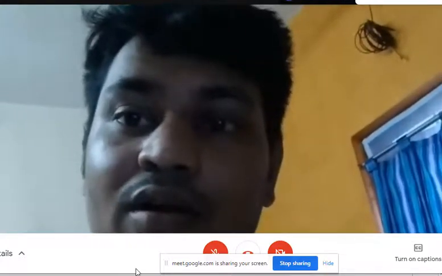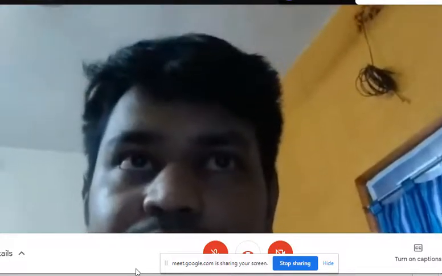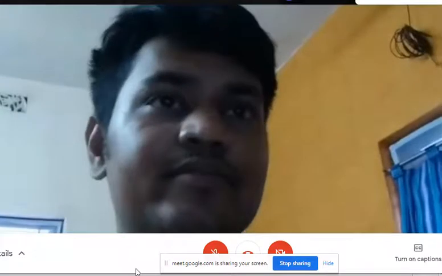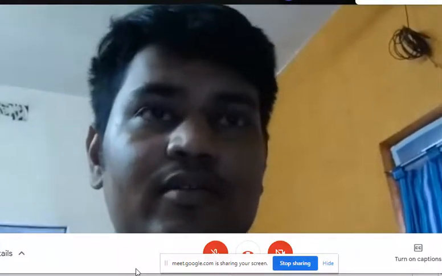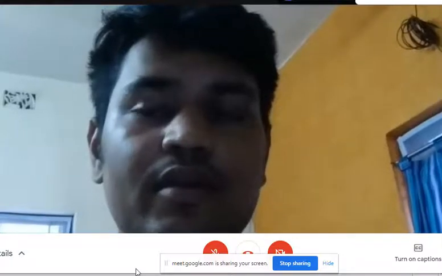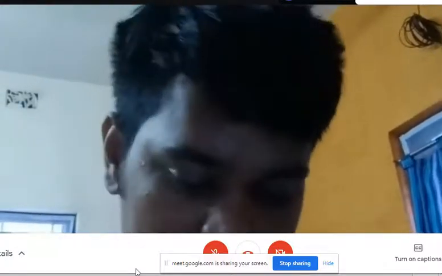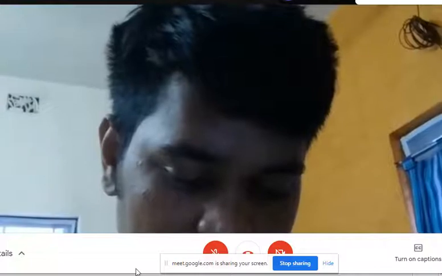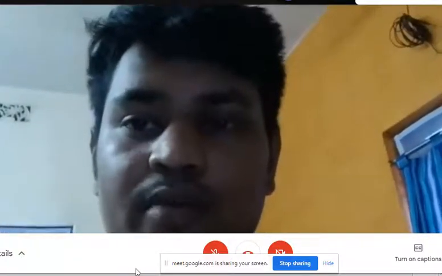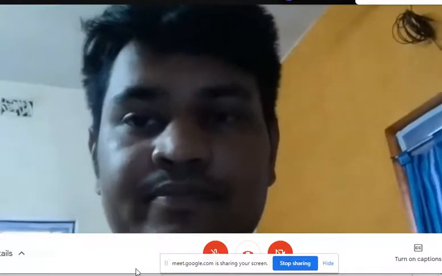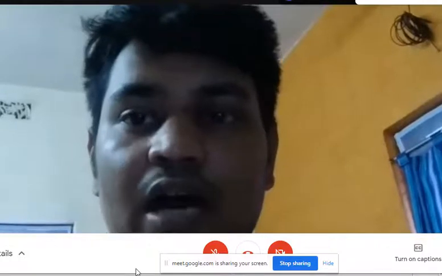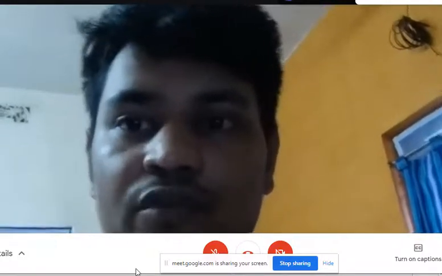Why we have not done cube? I am doing square here because the question has a square form. That's why squaring both sides we have done. If it is squaring both sides, then LHS and RHS, left hand side is equal to right hand side, both are proved. Okay, sure?